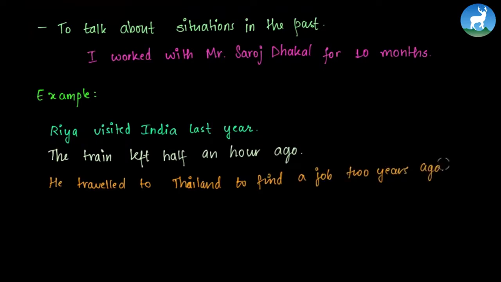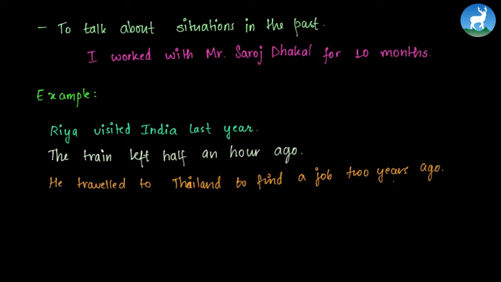He traveled to Thailand to find a job 2 years ago. So someone traveled to Thailand 2 years ago to find a job, and that's it. It's over. There is no effect in the present, and the event has already completed. So you're talking about an event that happened in the past and is already completed.